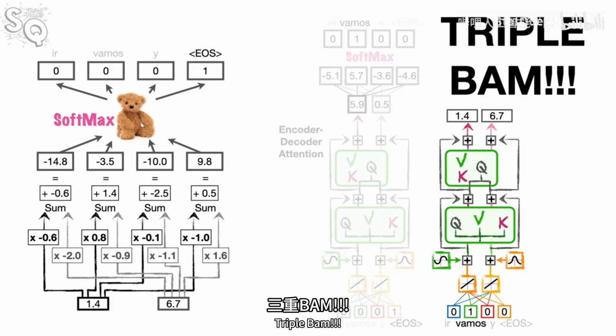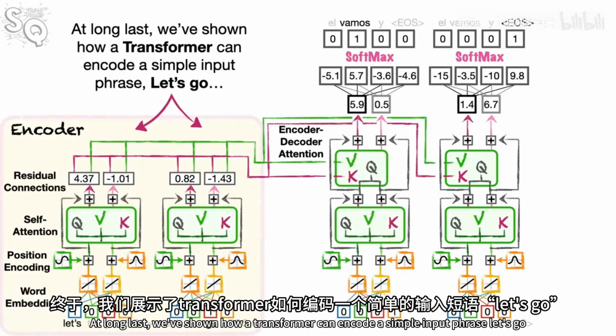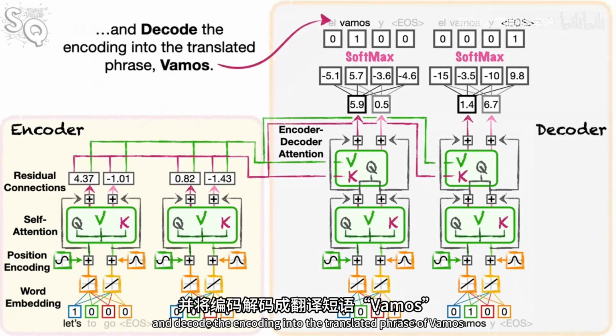Triple bam! At long last, we've shown how a transformer can encode a simple input phrase, let's go, and decode the encoding into the translated phrase, vamos.